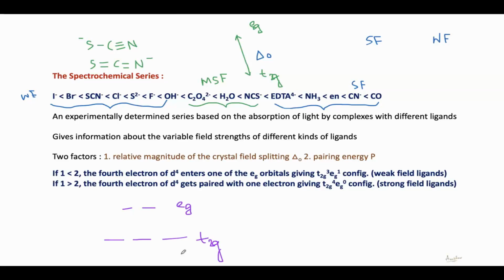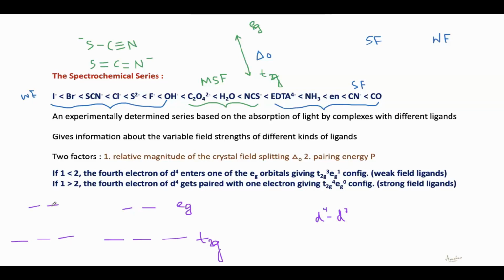But whenever we are talking about d4 to d7 electronic configurations, when the eg orbital comes in, there will be two different options. These three are t2g and these two are eg.